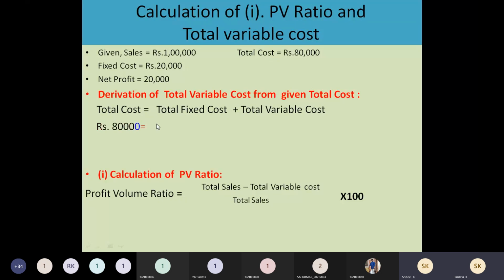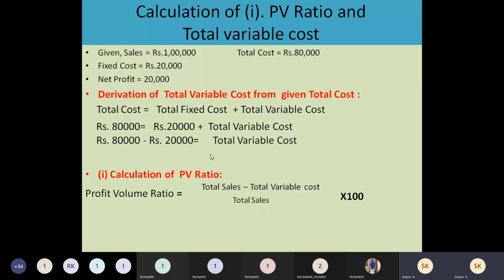So you substitute first. In place of total cost, 80,000 you substitute, in place of fixed cost 20,000 you replace. We are having both of these, so we can get the third one. The total variable cost is equal to 80,000 minus 20,000, which will give you 60,000.